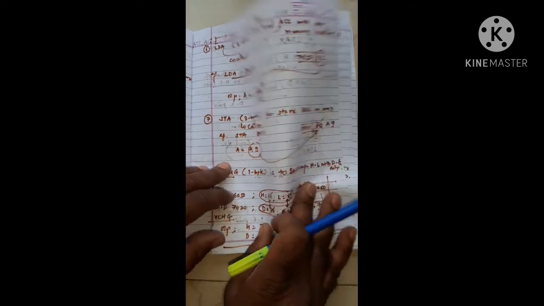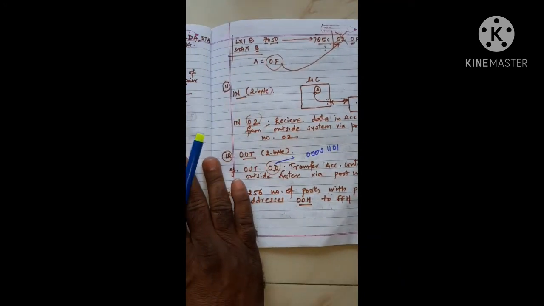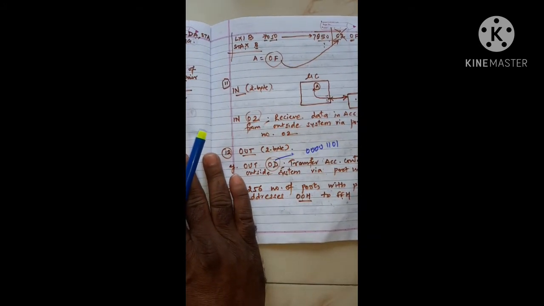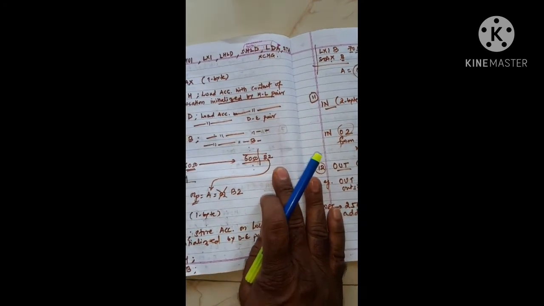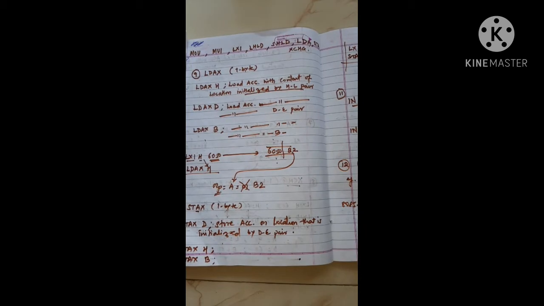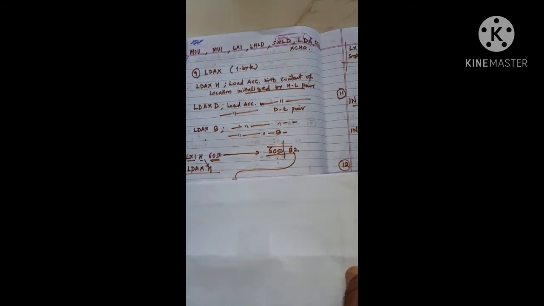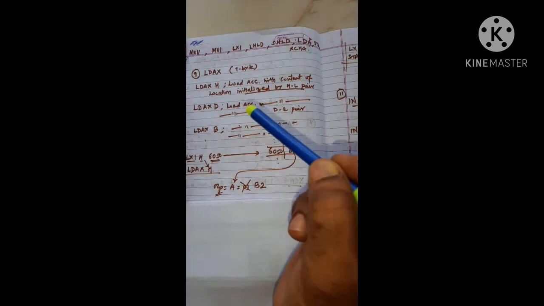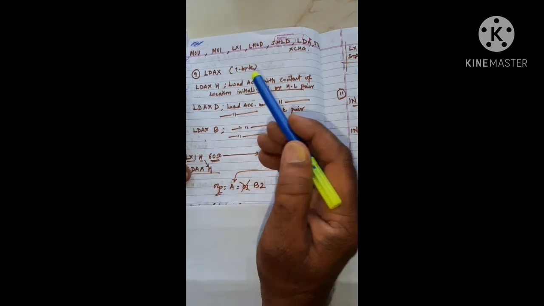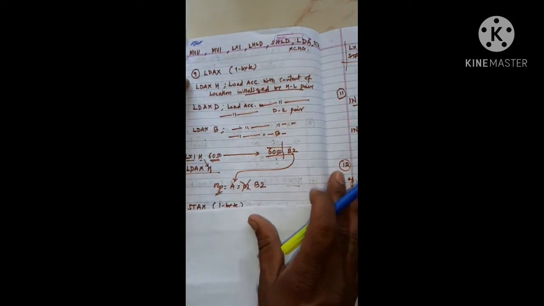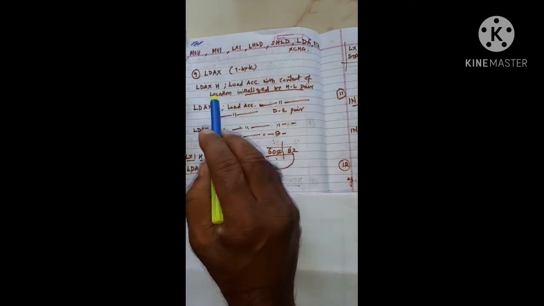Another way to load the content of any memory location is using the instruction LDAX. LDAX is a 1-byte instruction.